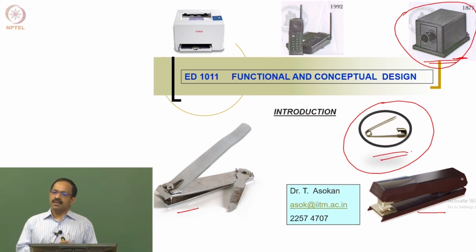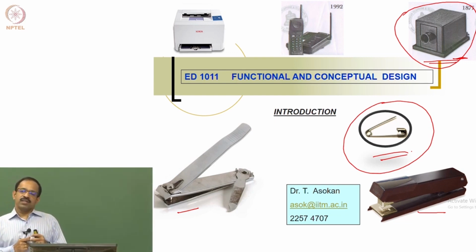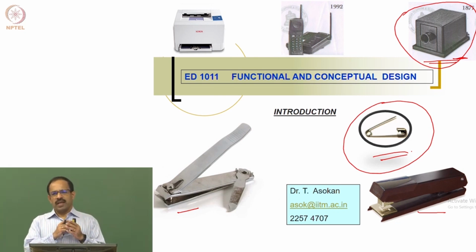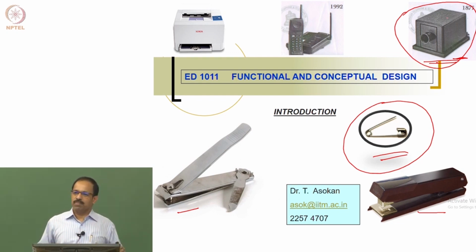So now look at this product and this product. What is the difference here? The phone, which was developed long ago, has changed a lot, right? Now the current phone has nothing to do with this shape. The shape or the structure or the form of the product has completely changed in the last 150 or 200 years.